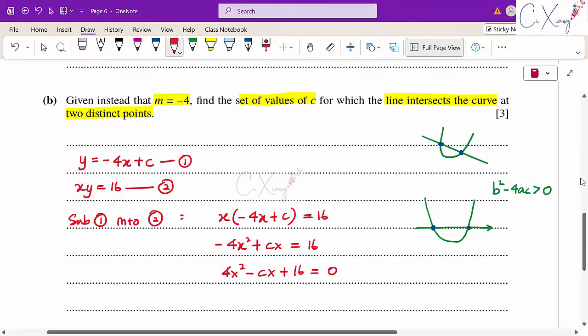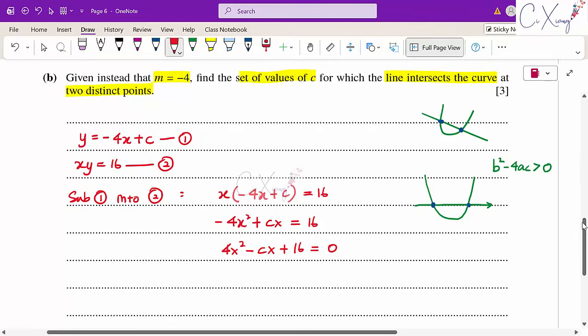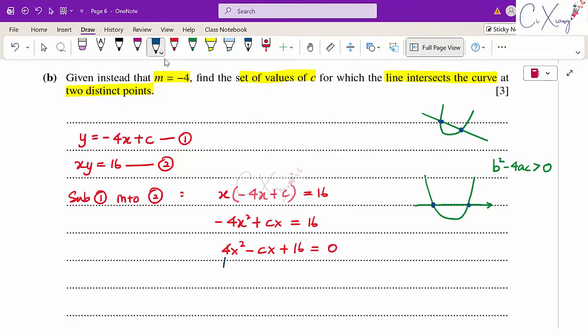And since I told you just now, I want to use the discriminant concept, b squared minus 4ac greater than 0, when there are two intersection points, or intersection at two distinct points. Okay, then again, what is my a? A is the coefficient of x squared, b is the coefficient of x, then c is the constant term. And I'm using b squared minus 4ac greater than 0.